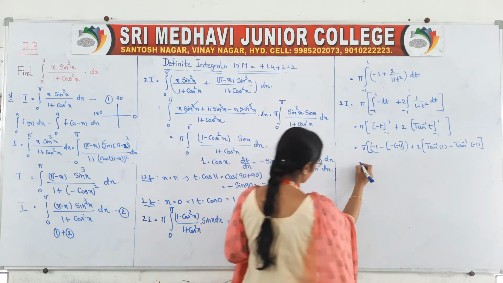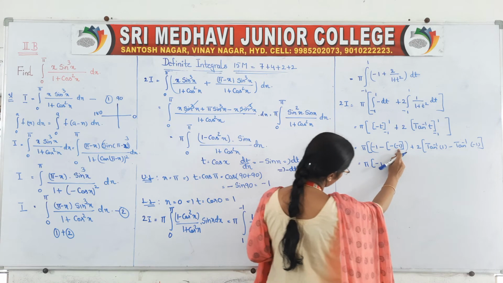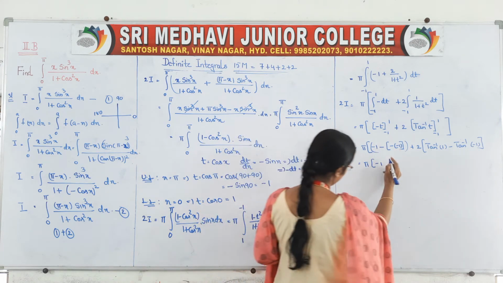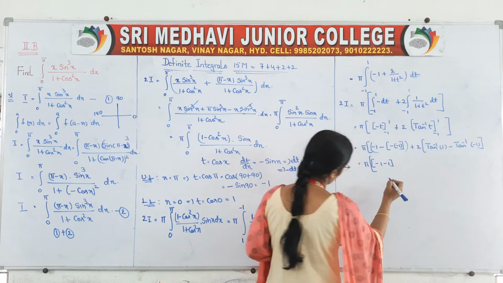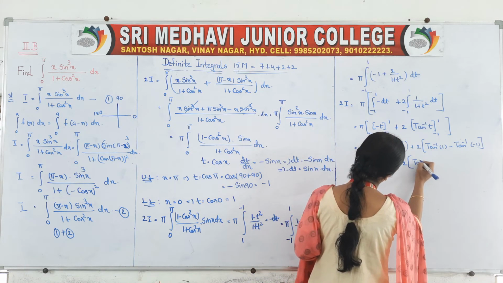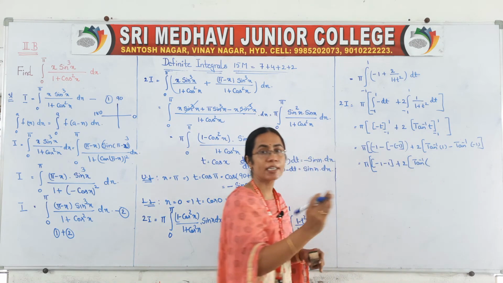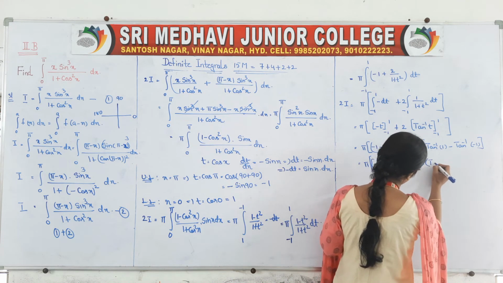So it is pi into minus 1; here minus of minus is plus, and again minus is there, so minus 1. Plus 2 into tan inverse. Inside the bracket also we have to take in terms of tan, so that both will get cancelled.